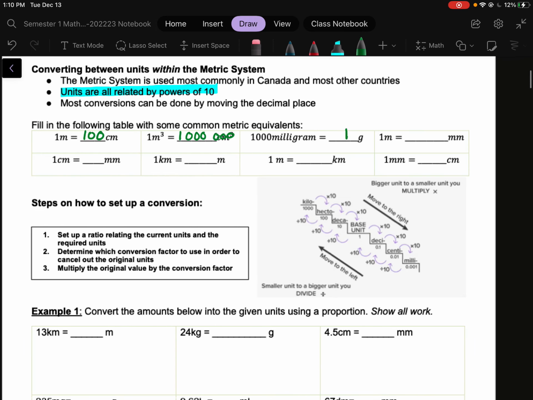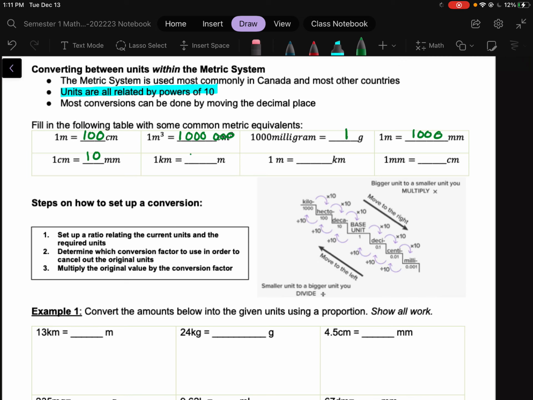If we have 1,000 milligrams into grams, 1,000 milligrams is 1 gram. If we have 1 meter, we convert it very similarly, but it's the opposite, so it's going to be 1,000 millimeters. If we want to convert 1 centimeter to millimeters, millimeters are smaller than a centimeter, so we're going to have 10.